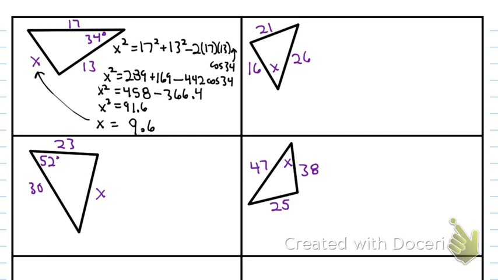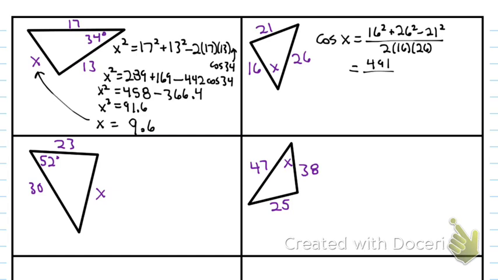Next problem, to the right, this is a side-side-side scenario. So cosine of x is equal to the adjacent sides squared, minus the opposite side squared, over 2 times the product of the adjacent sides. So 16 squared plus 26 squared minus 21 squared gives me 491.